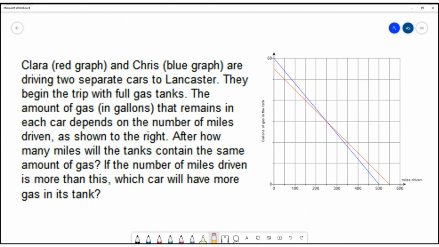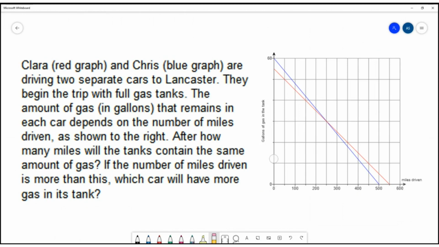So let's take a look at this chart before we try to answer the questions. On the horizontal axis, we have miles driven. The miles driven starts at 0 and increases as we look to the right. If we look at this label here, we have gallons of gas in the tank.